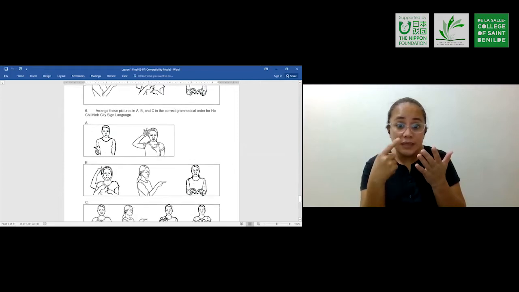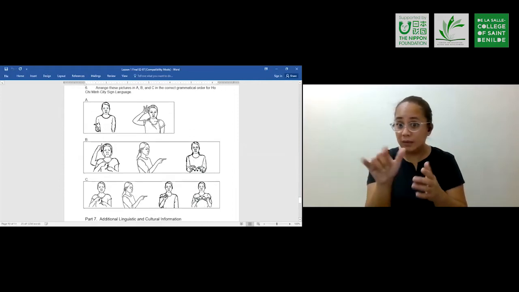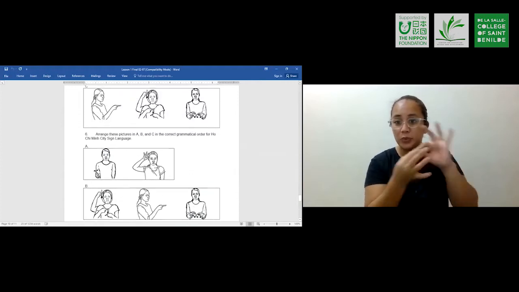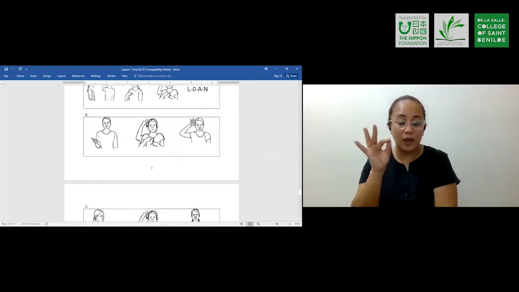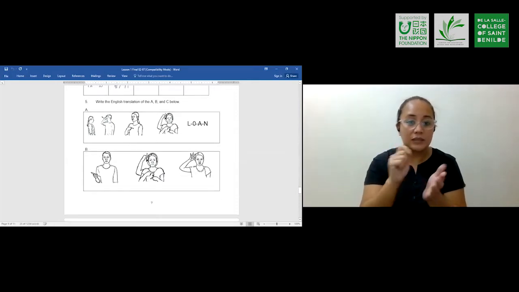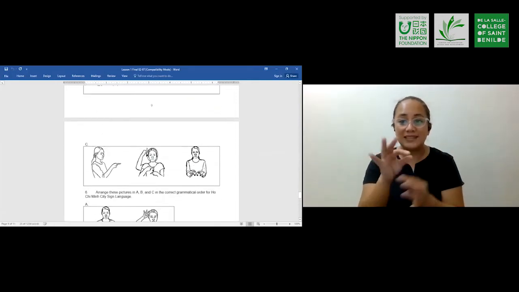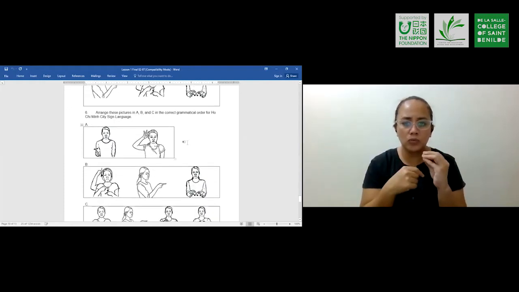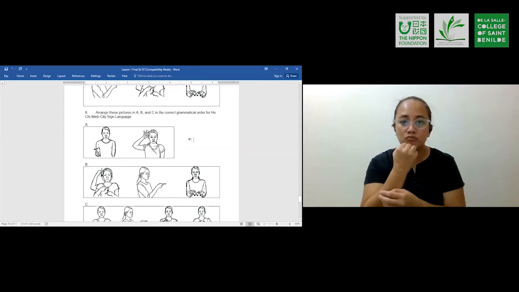So what we've asked the people who've been working on this to do is to see if a similar lesson could be developed for Filipino Sign Language. Now, number 5 are sentences, and you're asked to write the translation of the sentence. Number 6 are incorrect or wrong.